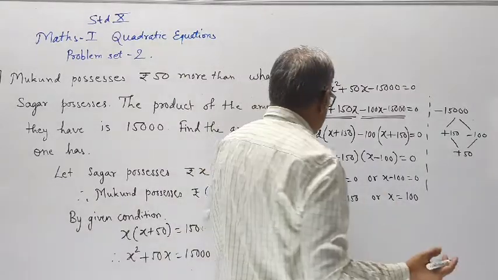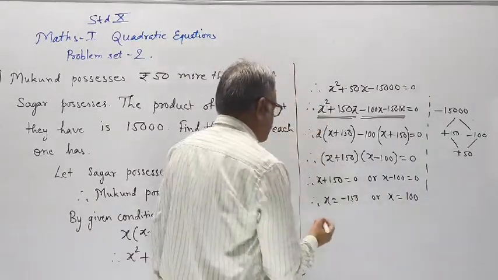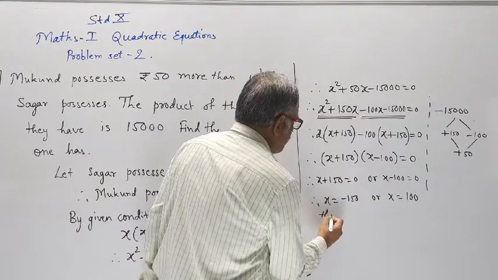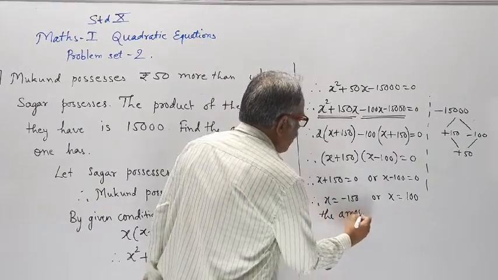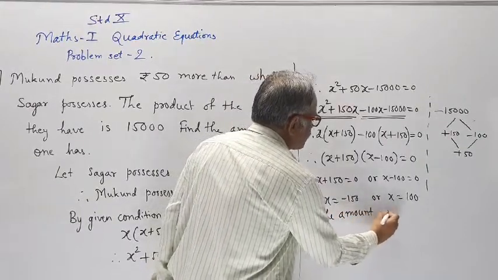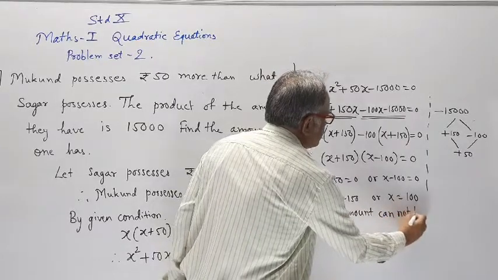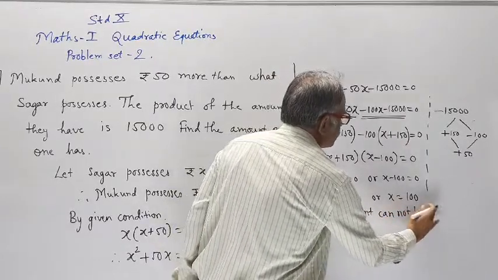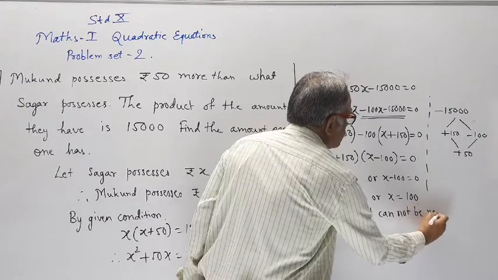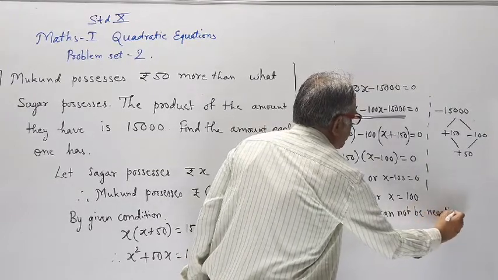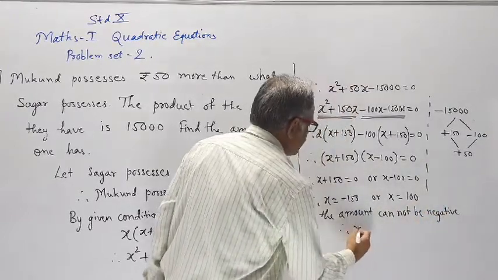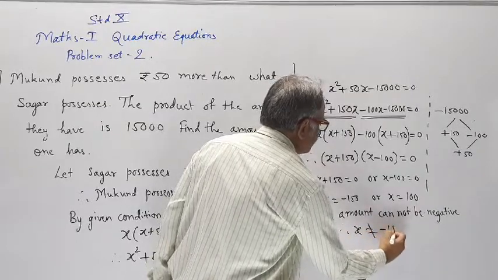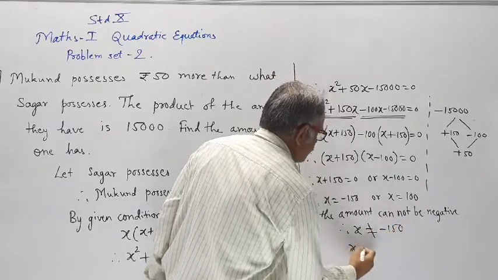He has minus 150 rupees? Such a thing does not exist. Then that we have to write: the amount cannot be negative. It cannot be negative. Therefore, x not equal to minus 150. x is only 100.